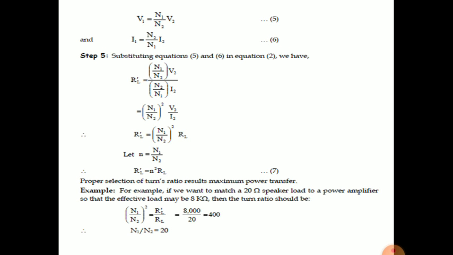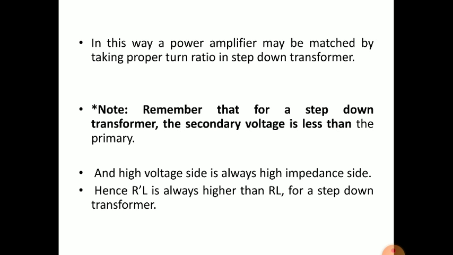If we select the turns ratio properly, then the high impedance of the primary and the low impedance of the secondary will result in matching of the low impedance of the secondary to the low input impedance of the loudspeaker. So the main point is that the turns ratio should be selected properly and it should be a step down transformer.